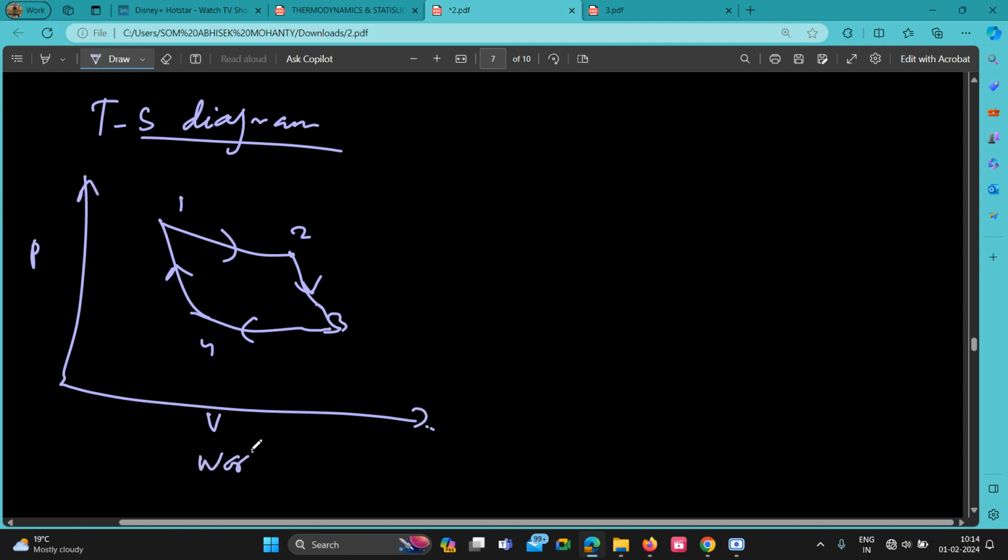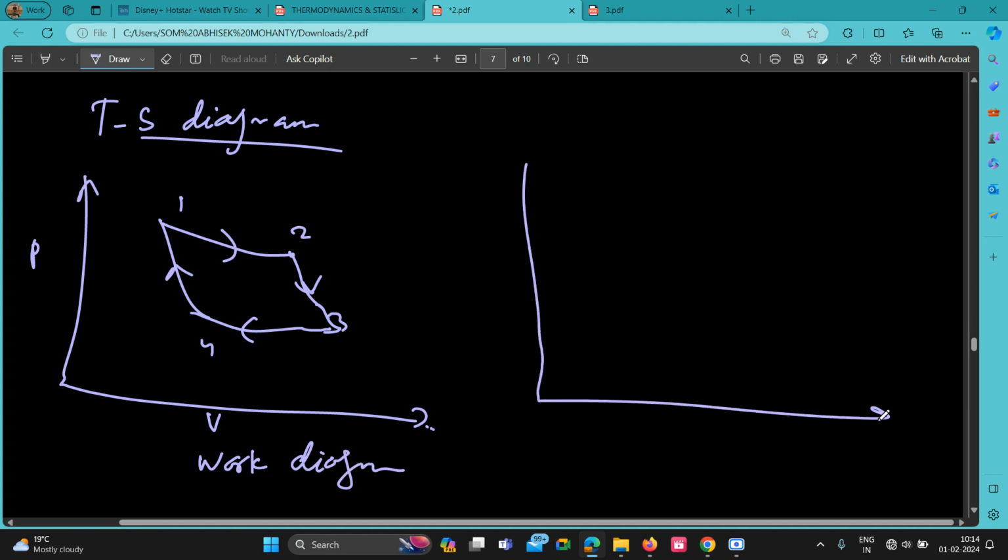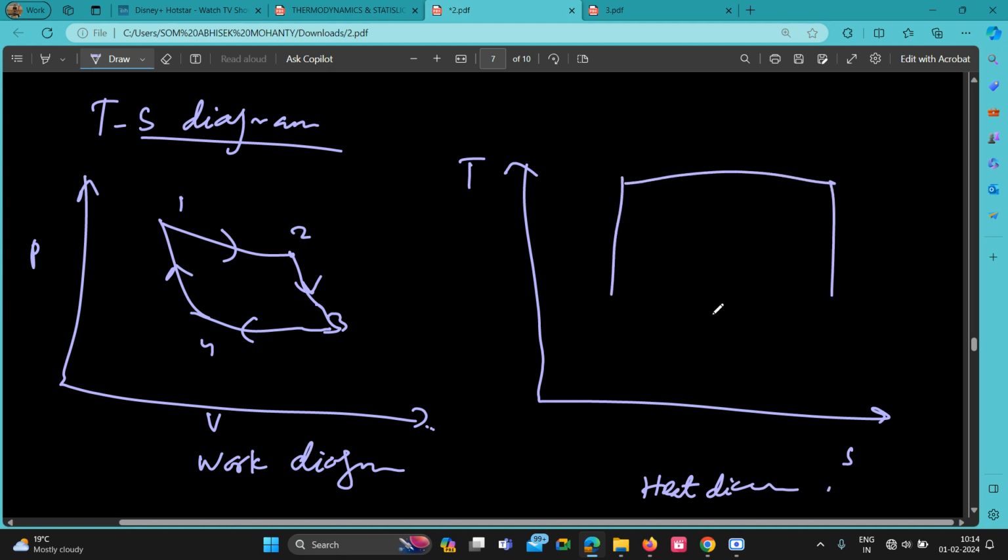The heat diagram is different. This is called the TS diagram. This one is different. It's like a square. So here, 1, 2, 3, 4.